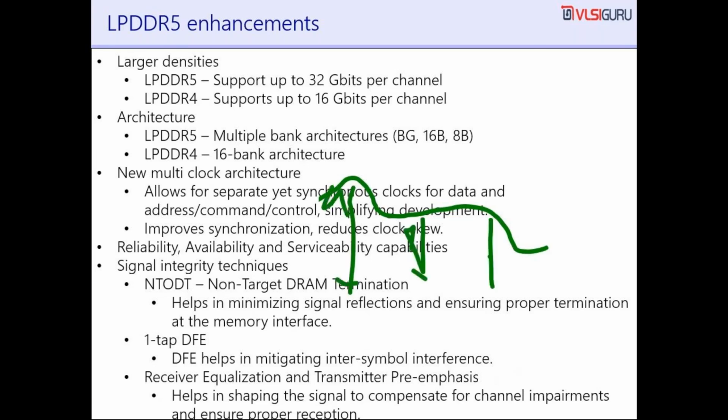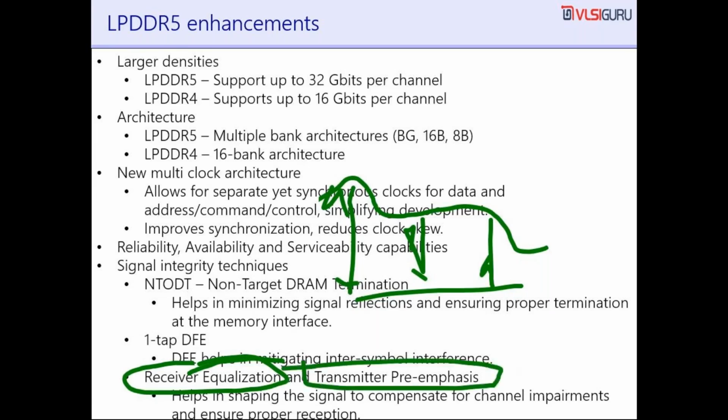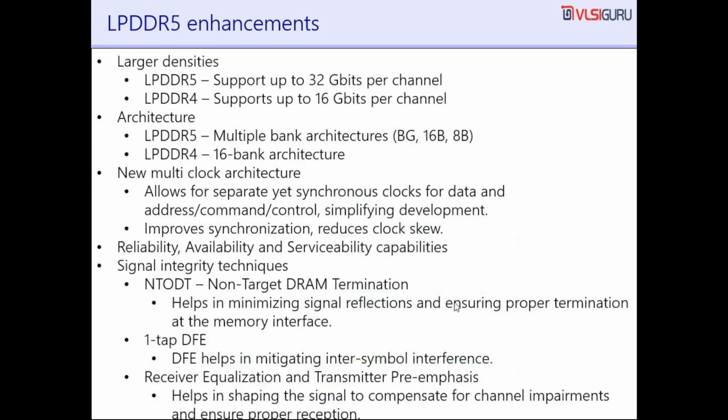Those are decided through some coefficients. So there will be receiver equalization and transmitter pre-emphasis, so that it ensures that the signal coming in will be captured properly. So these are the enhancements. And LPDDR5 is majorly developed for target applications like the mobile phone and tablet market, and it is also targeted for automotive applications.